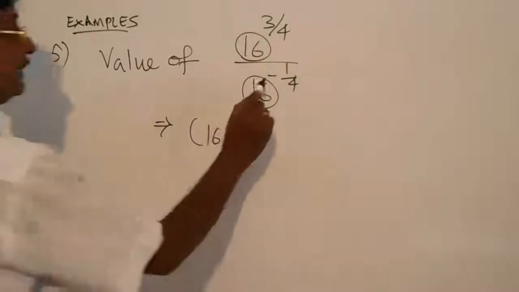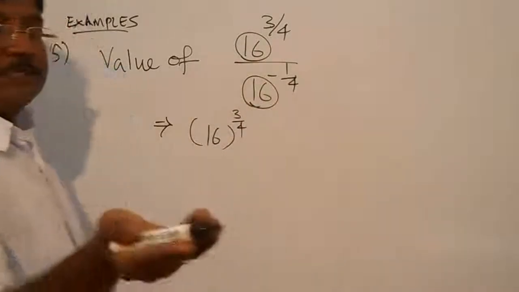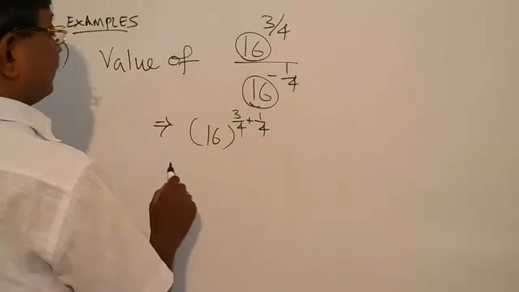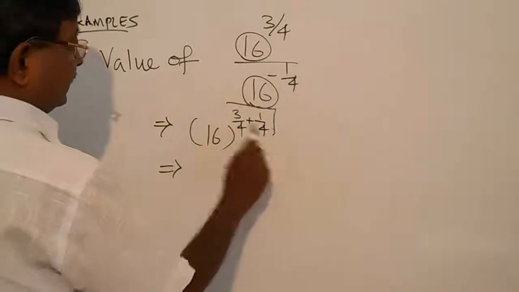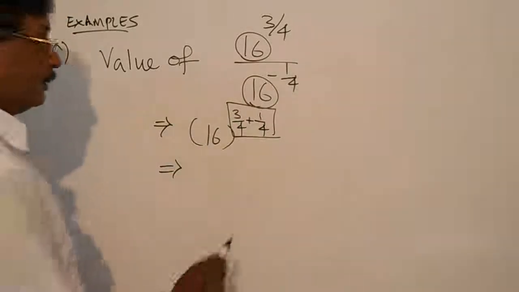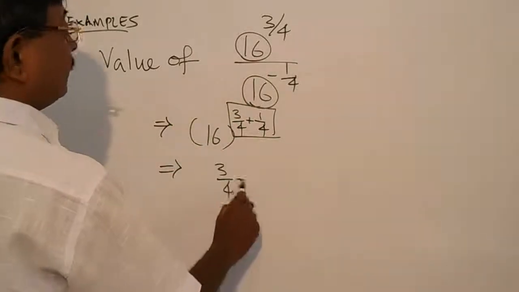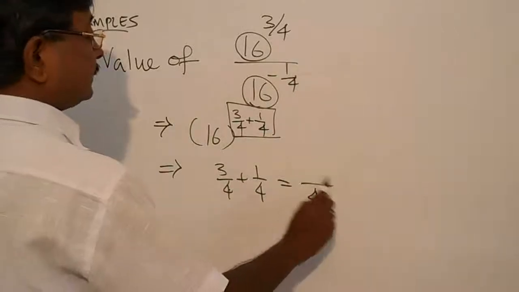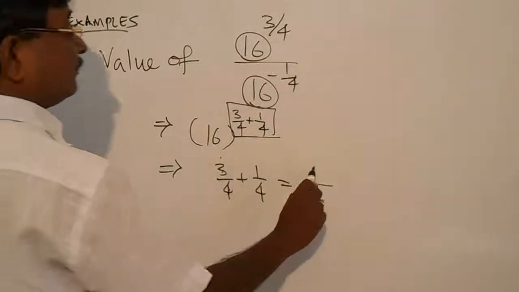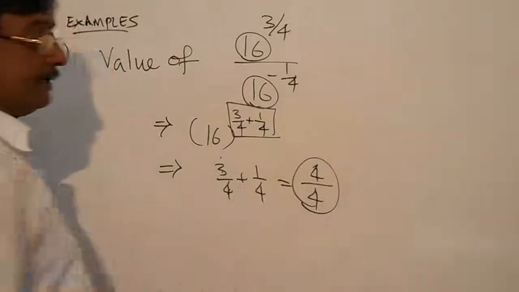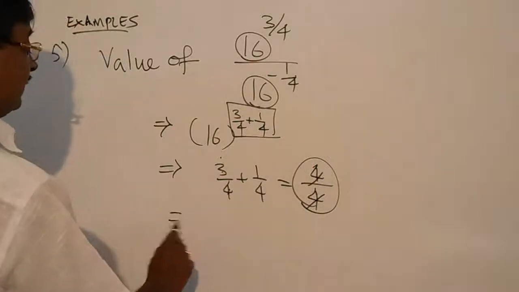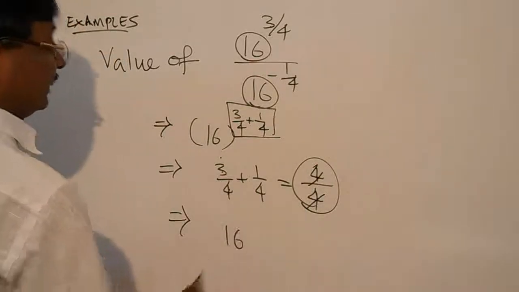Since it is carrying a negative sign, once it comes to the numerator it becomes plus 1 divided by 4. We take the LCM of the powers: 3 divided by 4 plus 1 divided by 4, where 4 is the LCM. So it becomes 4 in the numerator as well as the denominator. It gets cancelled, so the answer is 16.